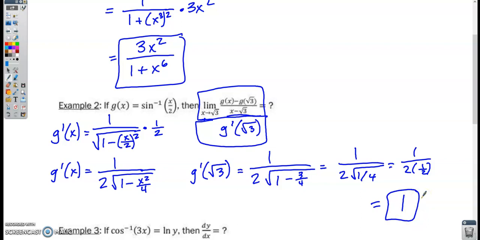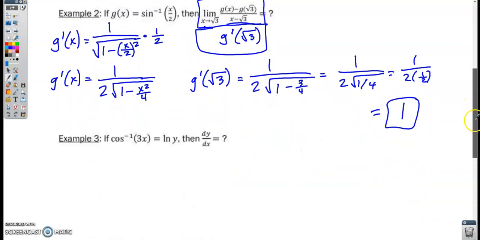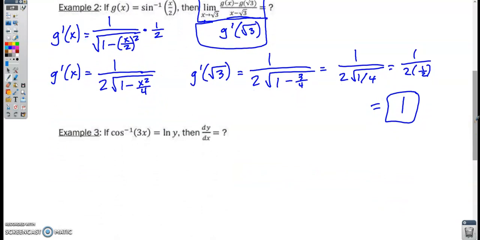Okay. Next, example 3. If arc cosine of 3x is equal to the natural log of y, then dy dx is equal to what? So I'm going to apply my inverse trig derivative rules.